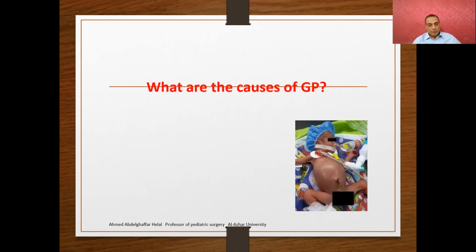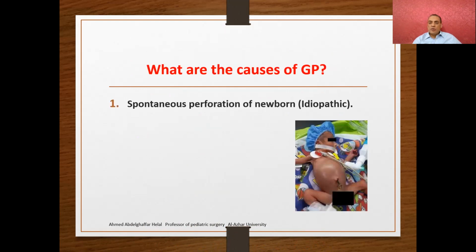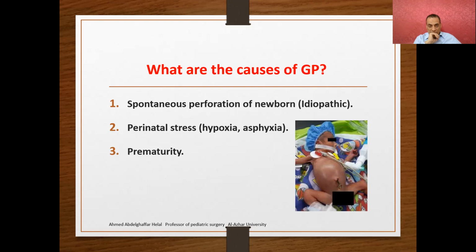What are the causes of gastric perforation? Gastric perforations may be spontaneous perforation of the newborn, also called idiopathic, which is very common. Number two, it may be related to perinatal stress, hypoxia, asphyxia, or prematurity. This picture shows a baby with gastric perforation.